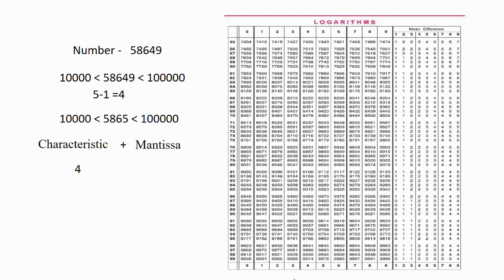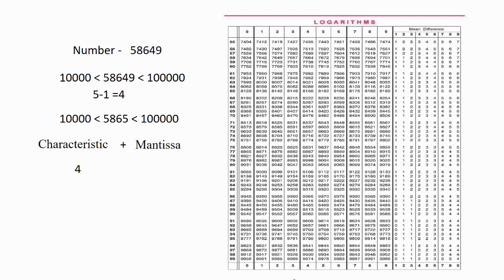So the characteristic shows me that the given log value is of a 5-digit number, but I can't observe the value of a 5-digit number using the log table, so I approximate it and make it 5865.